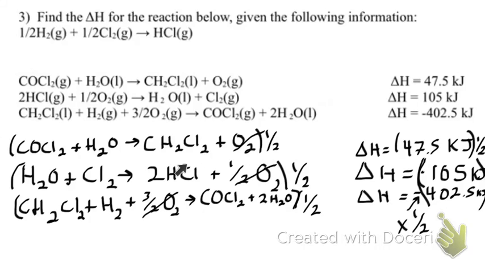Now we have 1/2 CH2Cl2 here, and 1/2 CH2Cl2 here, so those get crossed out because they cancel each other out. Here we have 1/2 COCl2, and here we have 1/2 COCl2, opposite sides of the reaction, so they get crossed out.